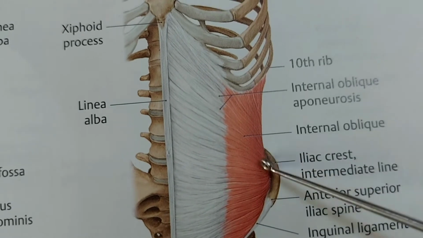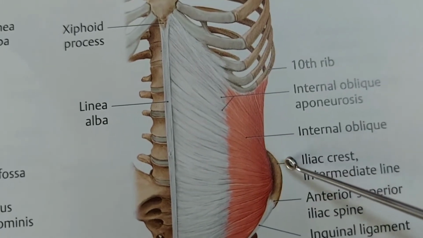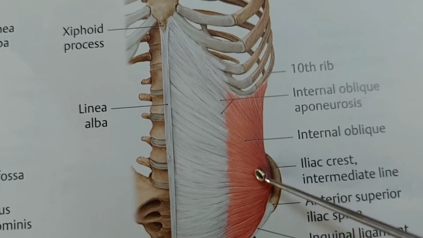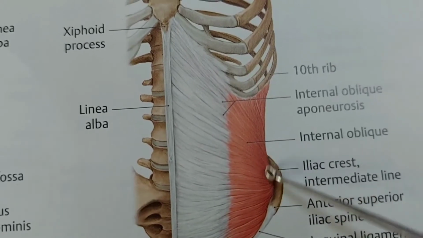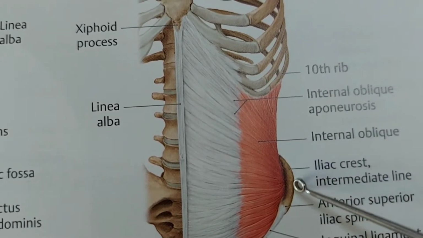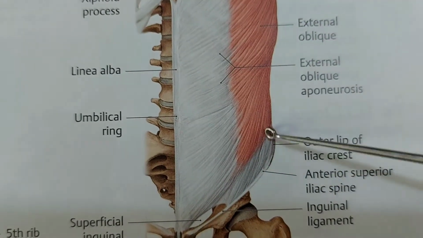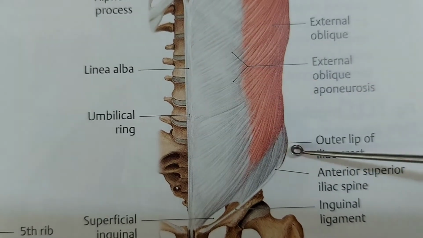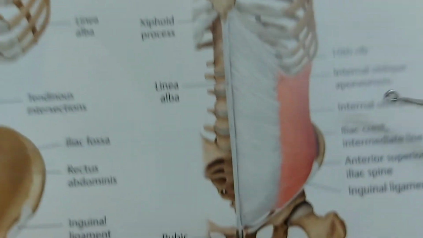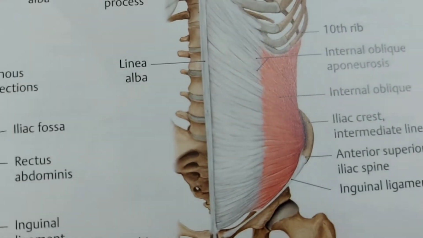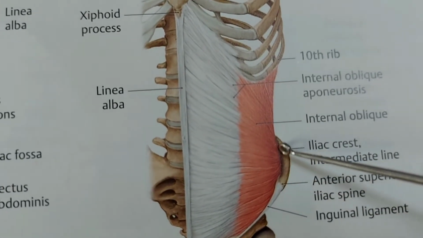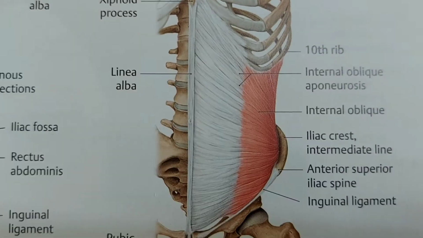Here we see this is the iliac crest, and the iliac crest has an outer lip or lamina, an intermediate line, and the inner lip. The outer lip of the iliac crest is the attachment of the external oblique muscle, and the intermediate lip of the iliac crest is the origin of the internal oblique muscle.